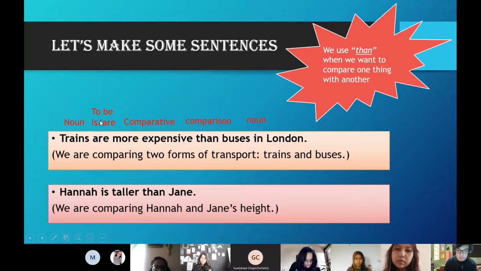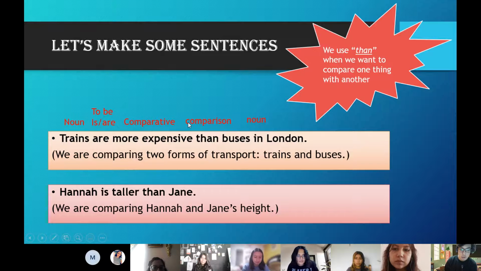Then we add the verb to be, is or are, depending on the noun. Then we have the comparative, more expensive, taller, sadder, smaller. And then we have the comparison, this word, than.